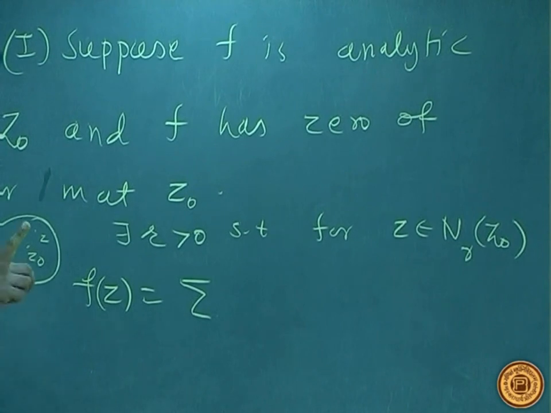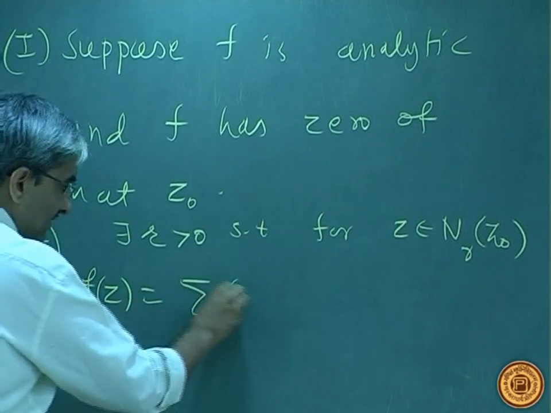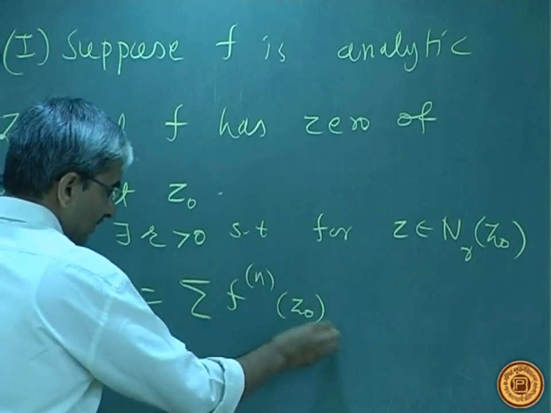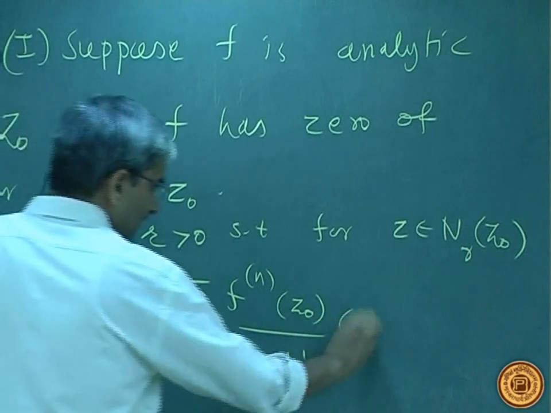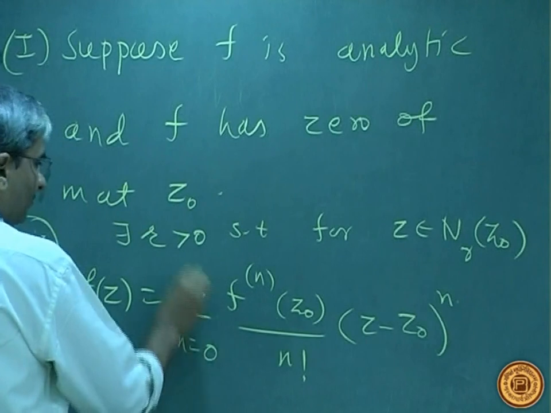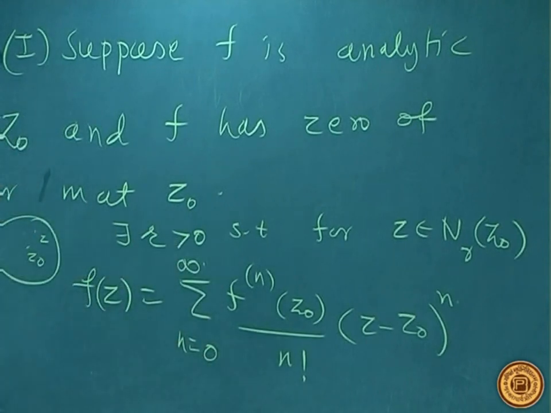But that a_n is also determined from this, that is f nth derivative at z naught upon factorial n, times (z minus z naught) to the power n, n from 0 to infinity. This is what you have.